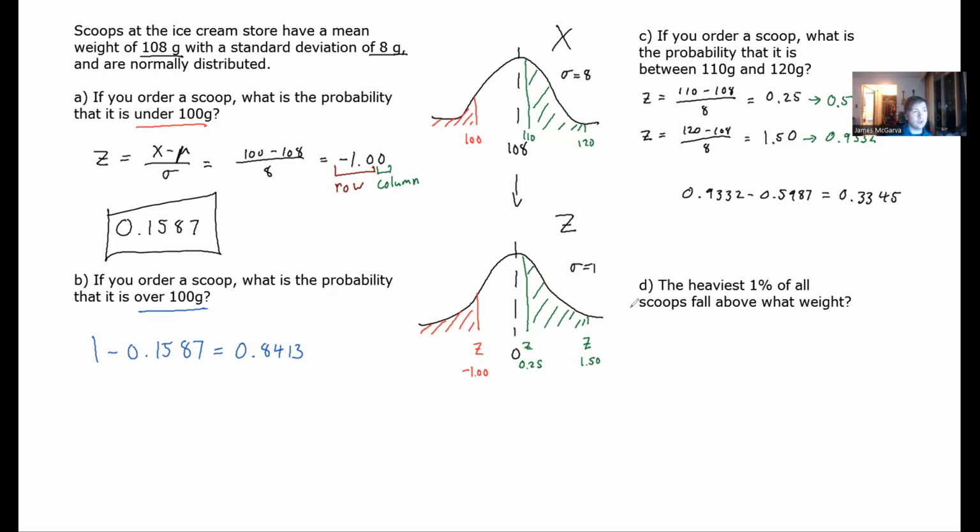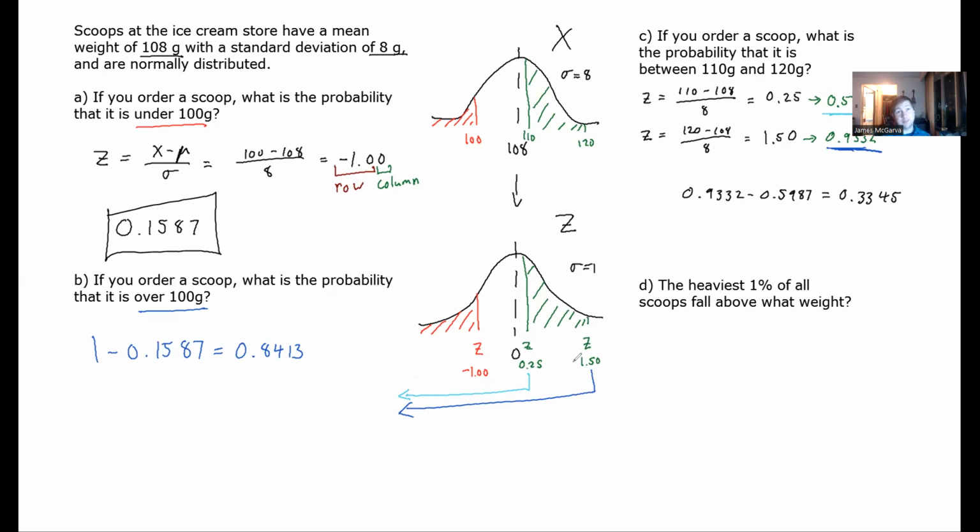Okay, and if you want to know why we are doing that, well, this area gets me everything to the left of 1.5, and this area is everything to the left of 0.25, and the area I want, this green area, falls in between them. So if I take the dark blue area and subtract the light blue area, I should get that green area in the middle. That's what I'm subtracting.